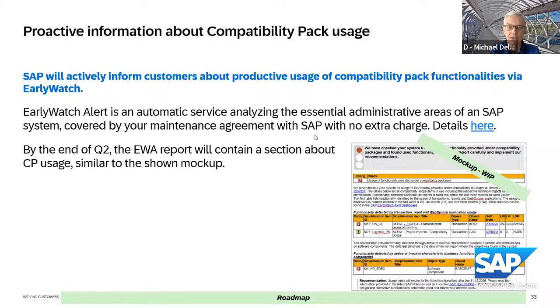which basically relies on a simplification item check plus some more, and which will point out which productive usage of compatibility pack functionality has been found on your system, so that you can really focus on those that are actually in use and don't need to go through the complete compatibility scope matrix.